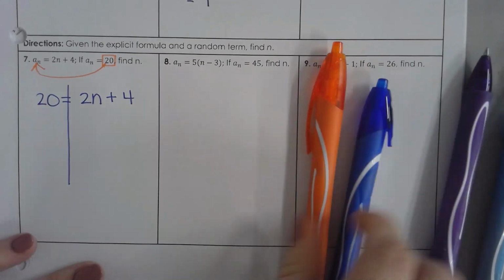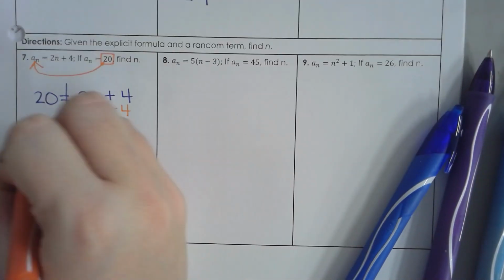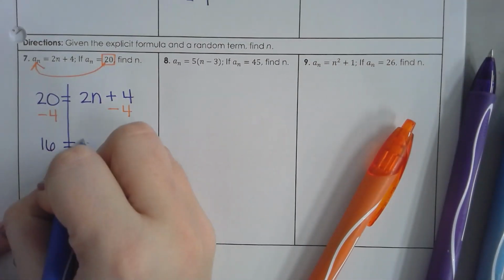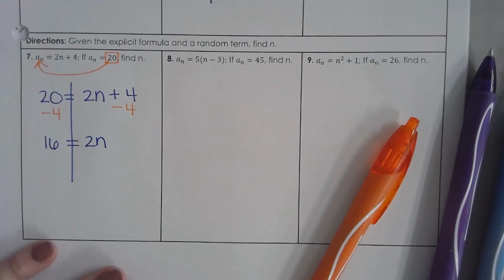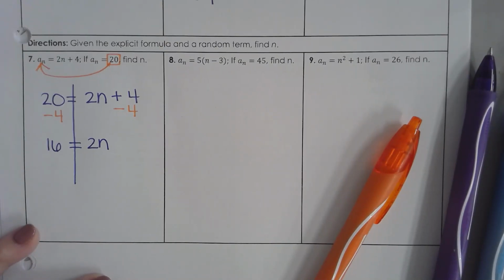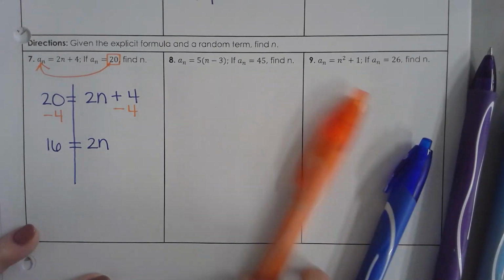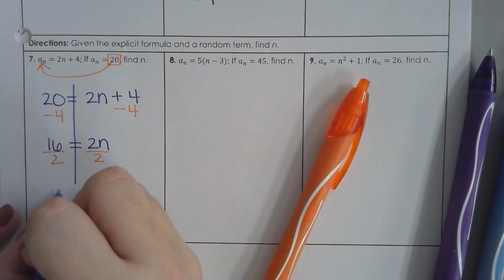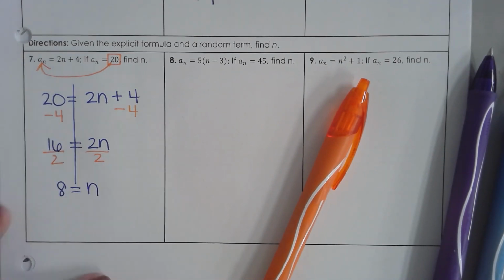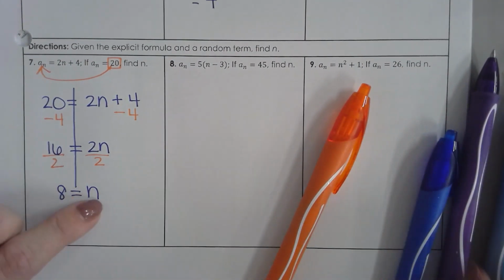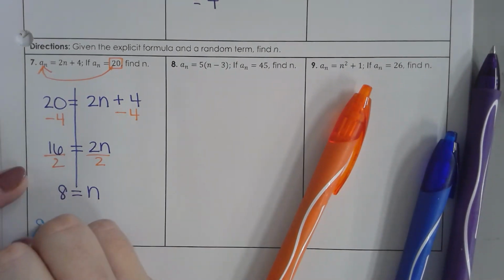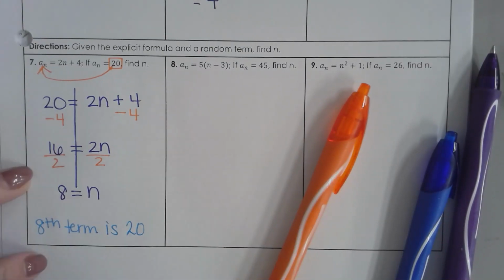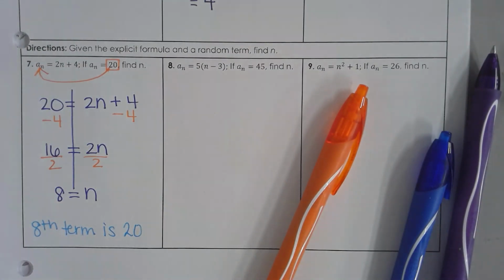And so I would subtract 4 from both sides to get 16 equals 2n. Then what? Divide by 2. So 8 equals n. So what this means is that the 8th term is 20. The 8th number in the list is a 20.